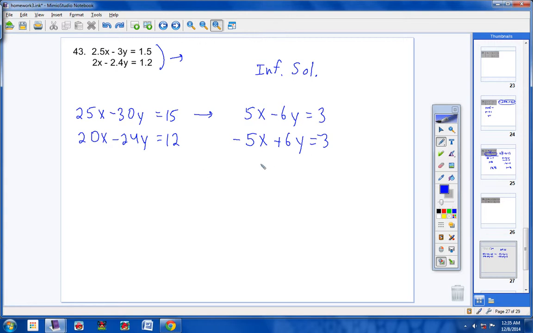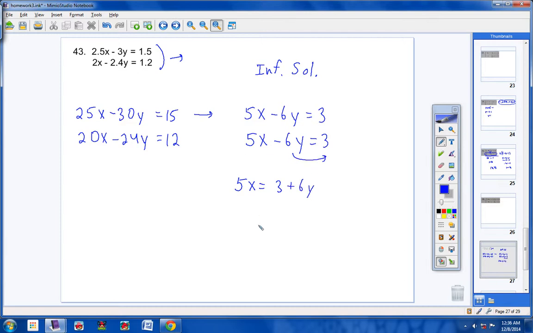So I'm going to start off by solving for x. So here's what you do. Now watch carefully. I don't want those negative signs there because those aren't the identical equations. You want to use the equations that are identical. So I'm going to use this one here, and solve for x. So 5x equals 3 plus 6y.